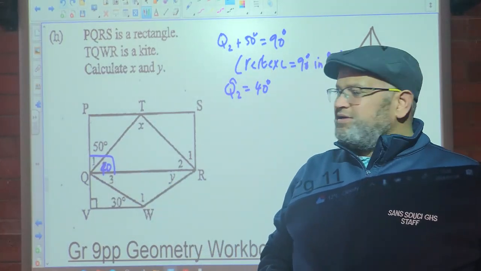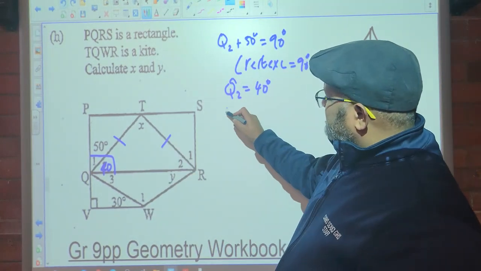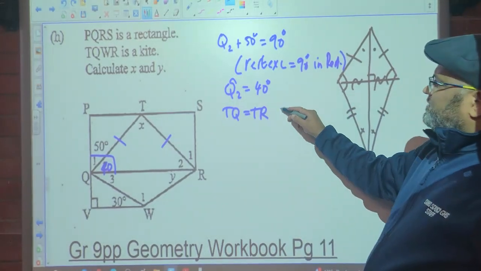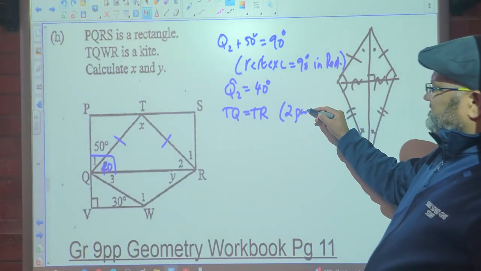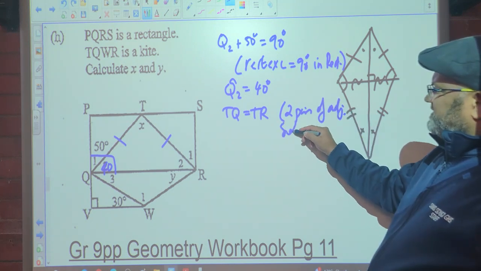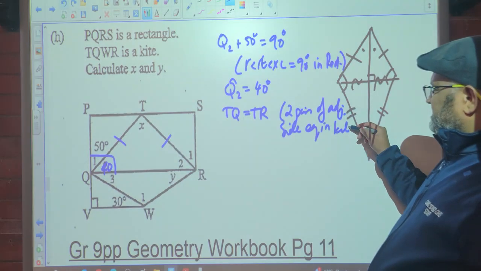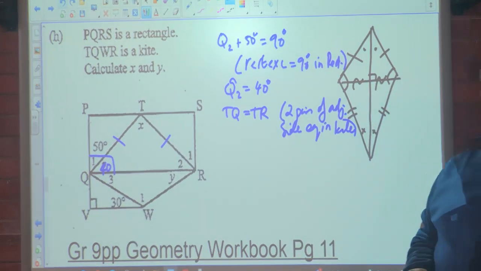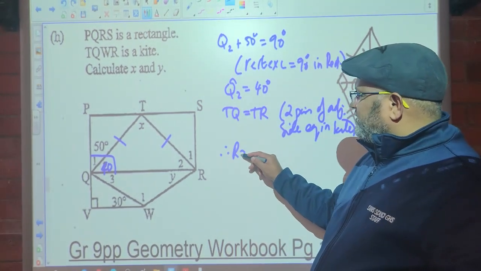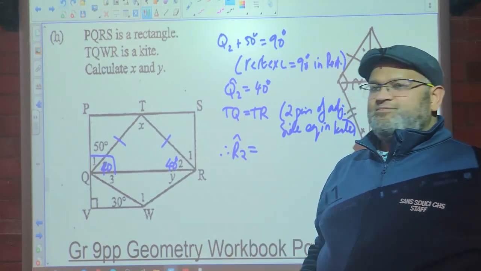Okay. Then we see that TQ is equal to TR. Why? Because two pairs of adjacent sides are equal in a kite. Therefore, R2 has to be equal to 40 degrees.